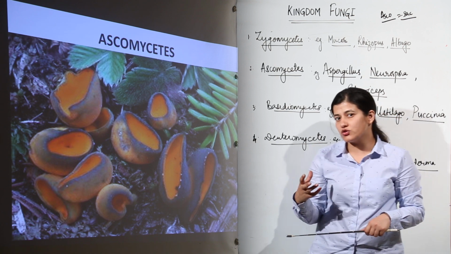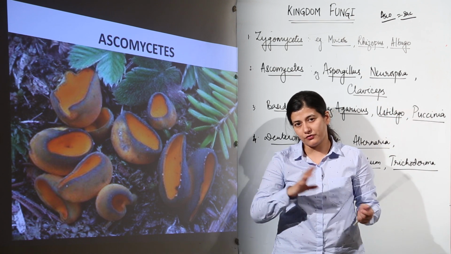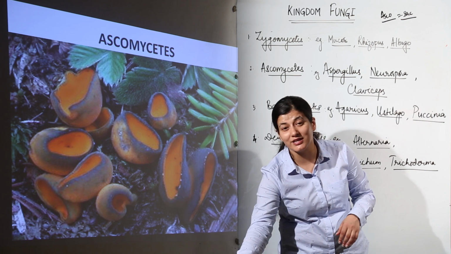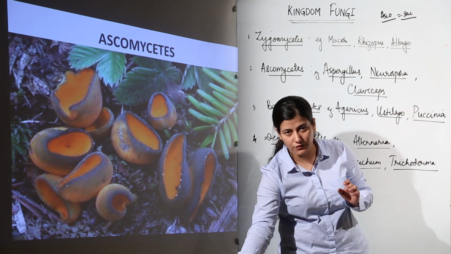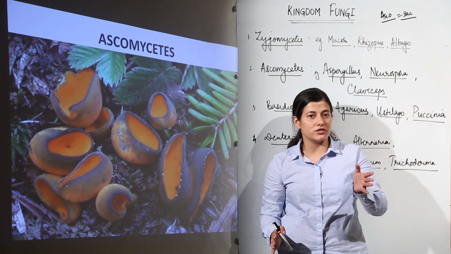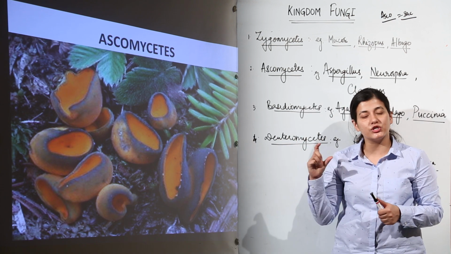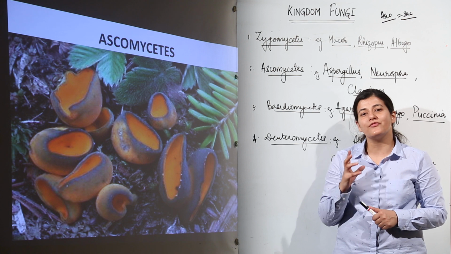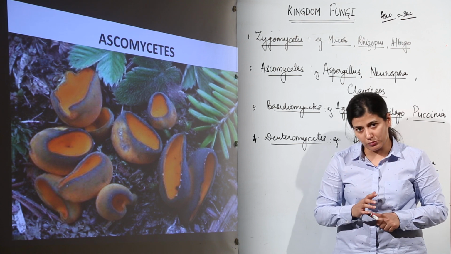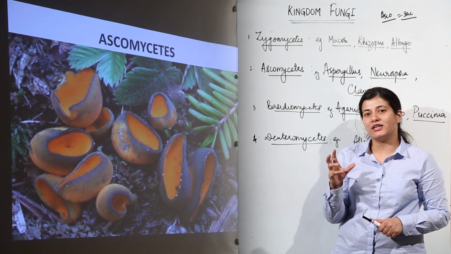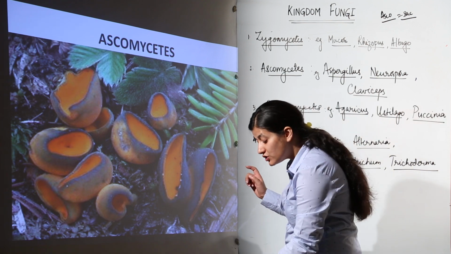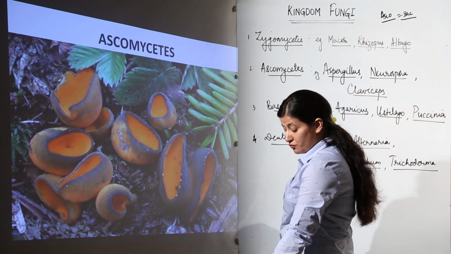Asexual spores are kept aside. We are talking about sexual reproduction, and the sexual spores formed inside the fruiting body, that fruiting body would be the characteristic feature on the basis of which the classification is made.